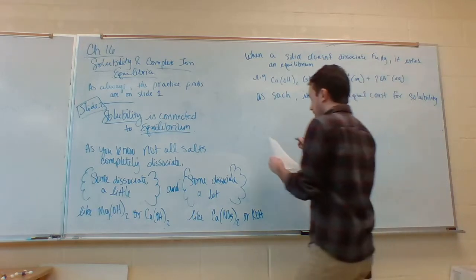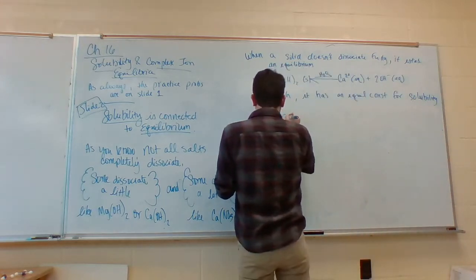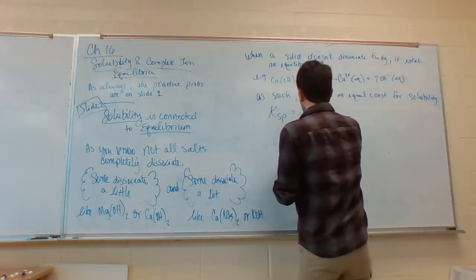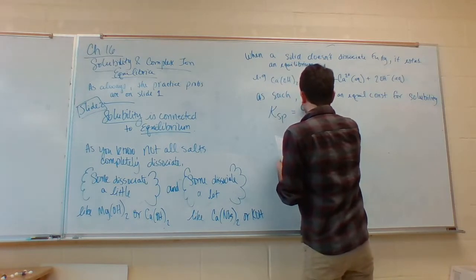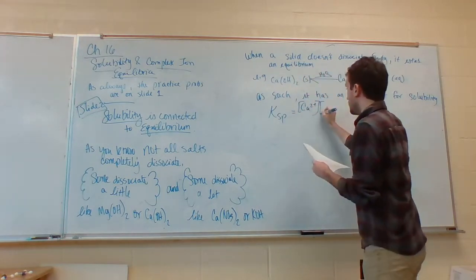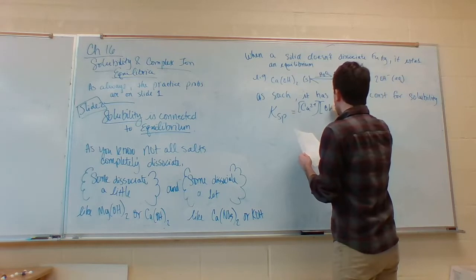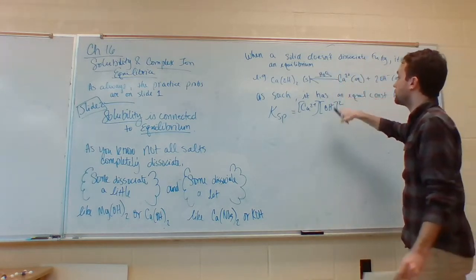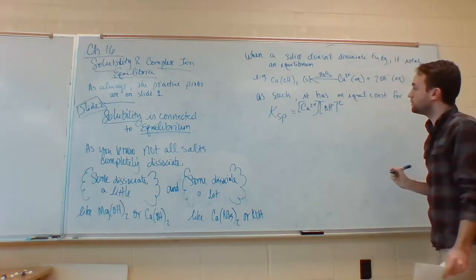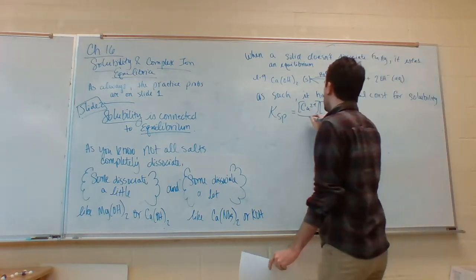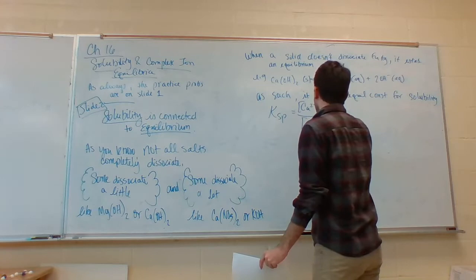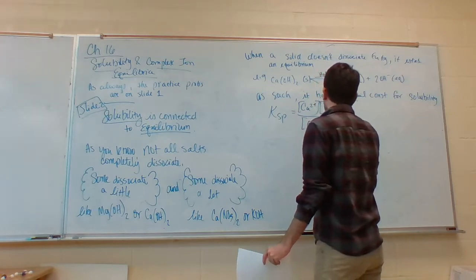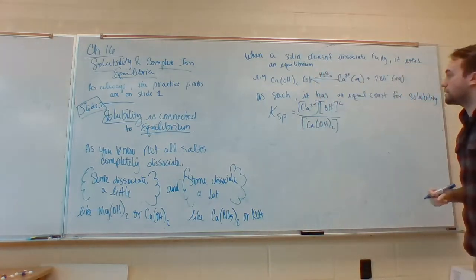And we call that Ksp, which is equal to the concentration of Ca2+ and the concentration of OH- squared, where we've used our stoichiometric coefficients of 1 and 2. And then that all goes over our concentration of calcium hydroxide as a solid.